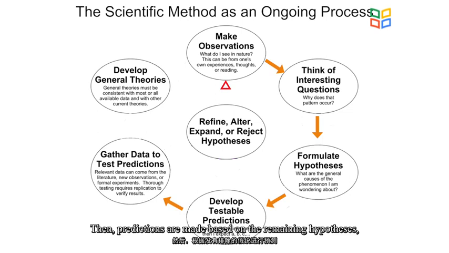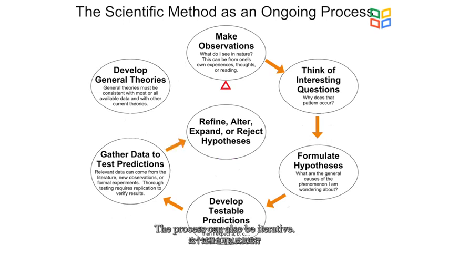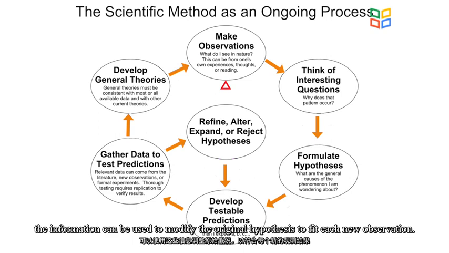Then, predictions are made based on the remaining hypotheses, and further experiments are carried out to test these predictions. The process can be iterative. As experiments are performed, the information can be used to modify the original hypotheses to fit each new observation.